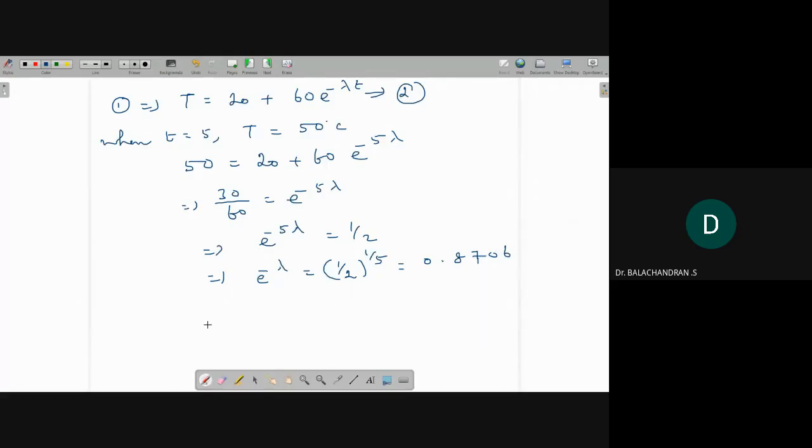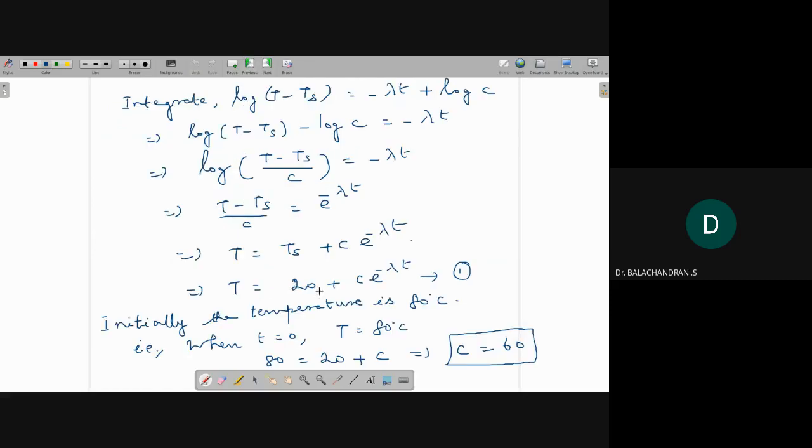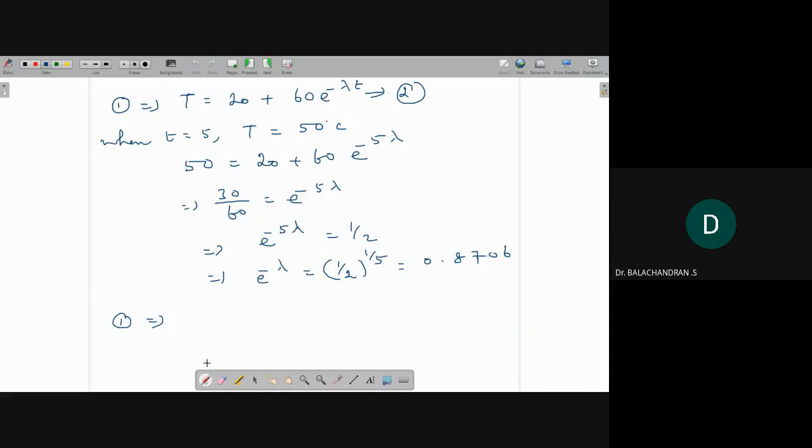Once you have e^(−λ), equation 1 is T = 20 + 60·(e^(−λ))^t, so T = 20 + 60·(0.8706)^t.